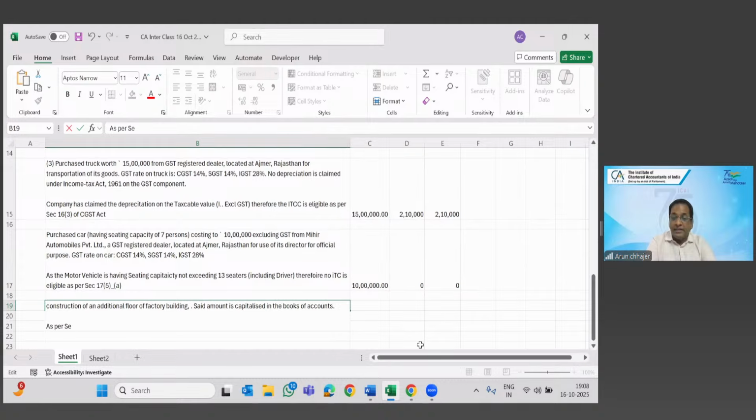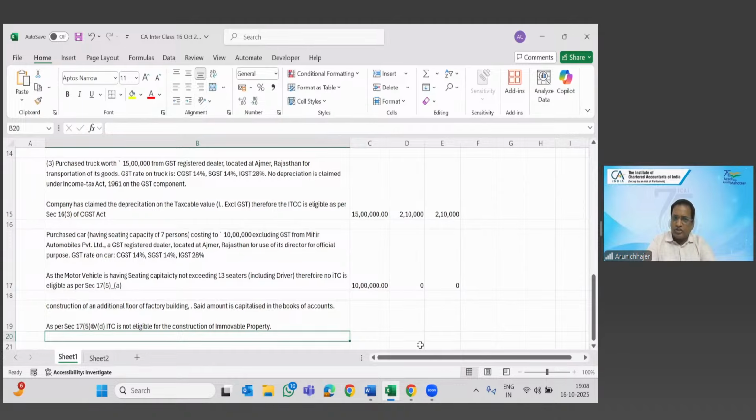I can simply write as per section 17 subsection 5 clause C and D: ITC is not eligible for the construction of immovable property.